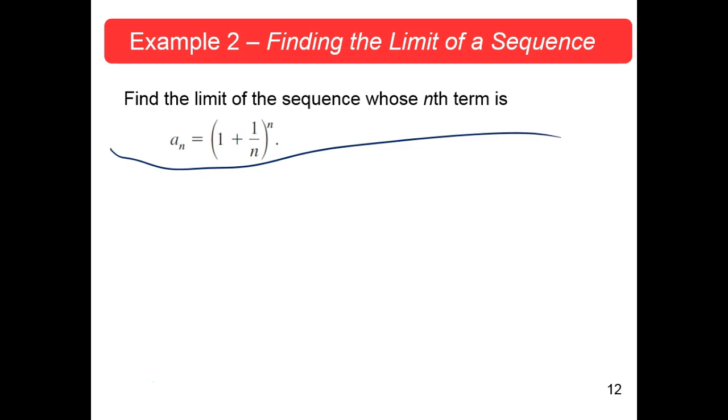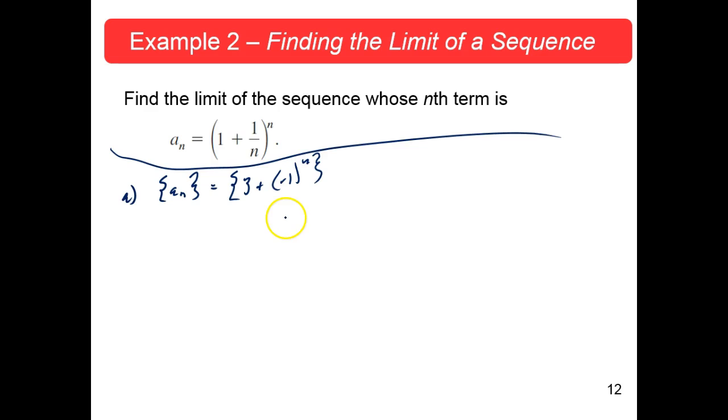So this example is there. Okay. And here is the a part. Here's a sequence, a sub n, a set of numbers. That's what the curly brackets mean. Hey, we've seen this one before, haven't we? 3 plus negative 1 to the nth.